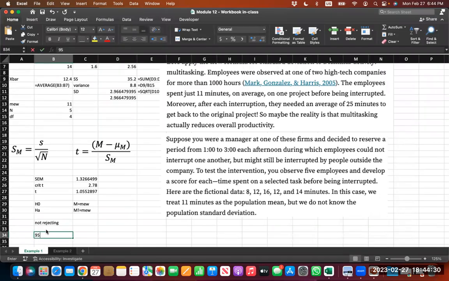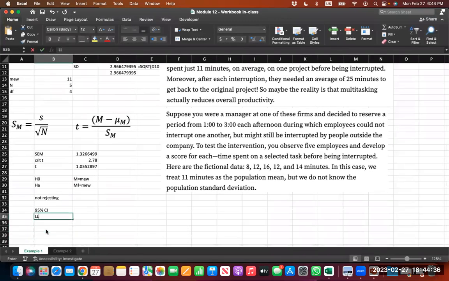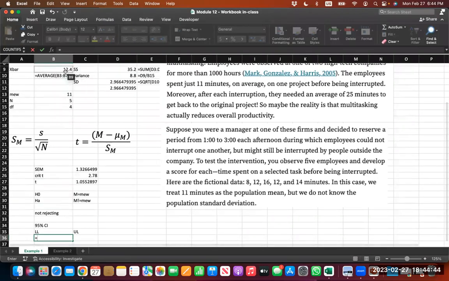So in this very context, it also makes sense to calculate the 95% CI. That essentially is done here in the same fashion as with the SET test. We are calculating this by taking the average of 12.4 minus our critical value, multiplied by our standard error of the mean.